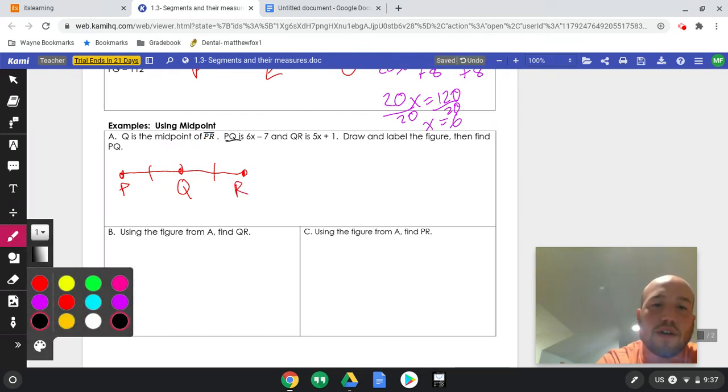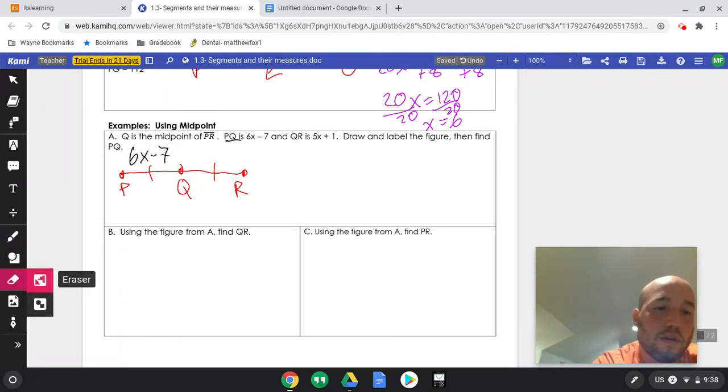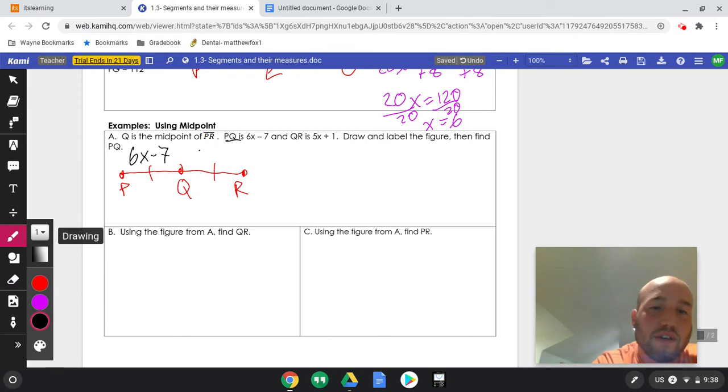And PQ right here is 6x minus 7. QR is 5x. Oops, let me fix that. 5x plus 1. Now, we can set those two equal to each other because if this is the midpoint, those two are the same.